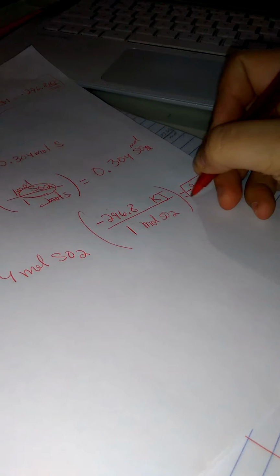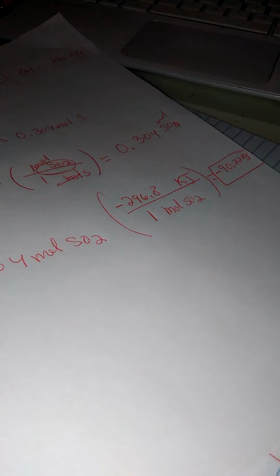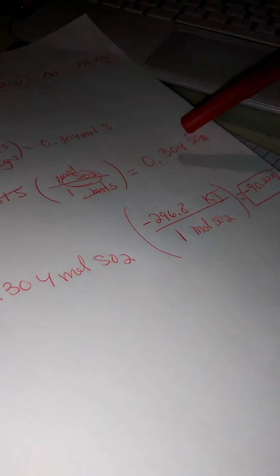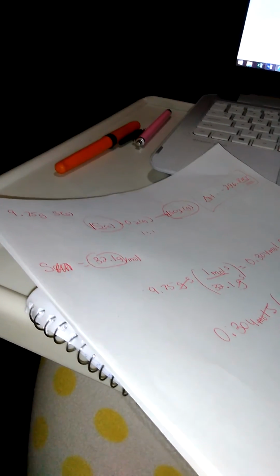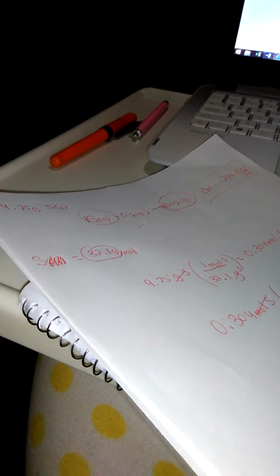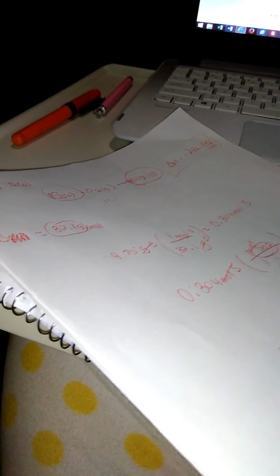And you will ask me, why did you leave the negative? In the question it says how many kJs will be evolved. Evolved is one of the words that tells you that kJ, even though it's not a mass but energy, evolved means that it's going to be exothermic, and exothermic means that it will release energy.